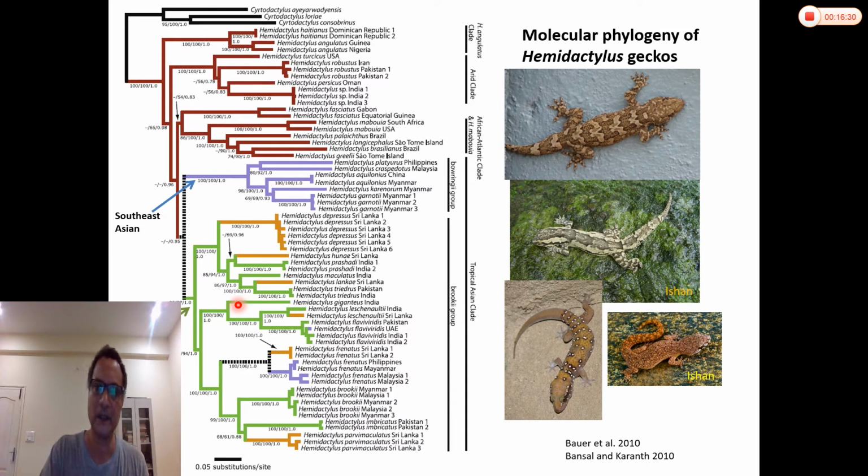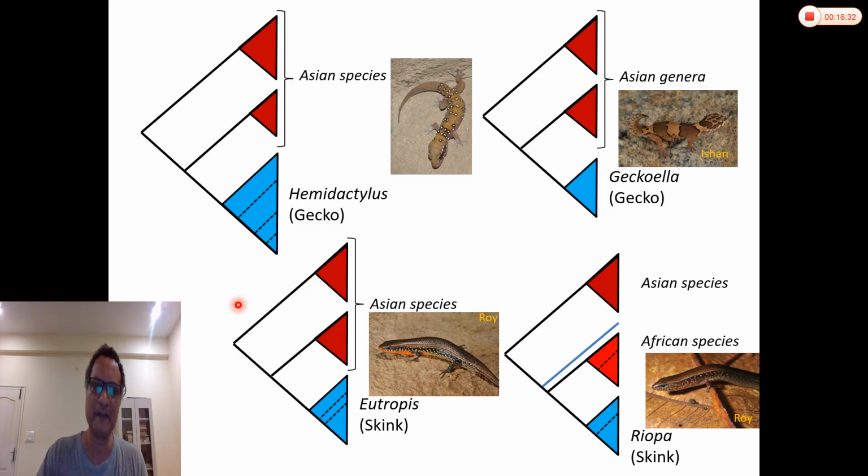Right. Okay. In fact, we found this in many other groups, right? So I already talked about many other lizard groups. I already talked about Hemidactylus geckos, and in Geckoella you see the same pattern into India from Asia. You see this in skinks.